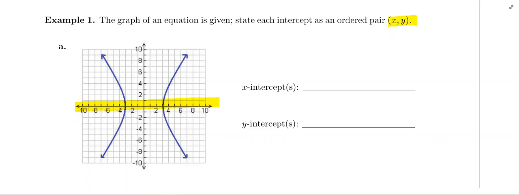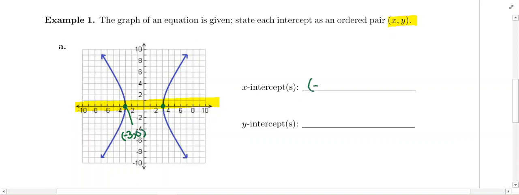The blue graph is intersecting the x-axis right here at this point, and also here at this point. So you have two x-intercepts that we need to write down. This first point, if you write it down as an ordered pair, the x value here is -3, because on the x-axis that value is -3, and then the y value here, you're on the x-axis, so the y value here is 0.